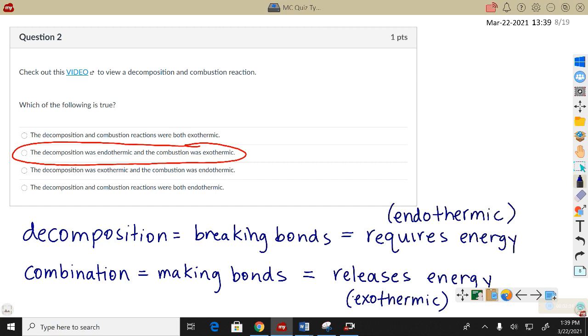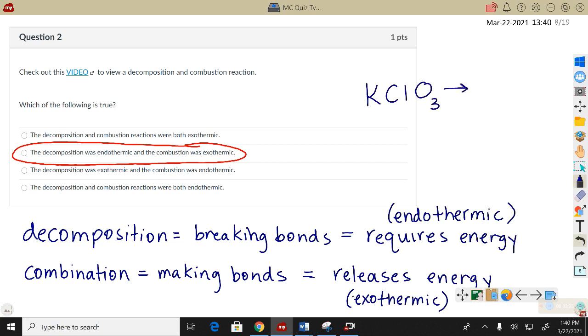The second one was a decomposition and a combustion where we had to add energy from a little burner in order to decompose some potassium chlorate. When you want to break bonds, you have to add energy. Potassium chlorate looks like this, KClO3.